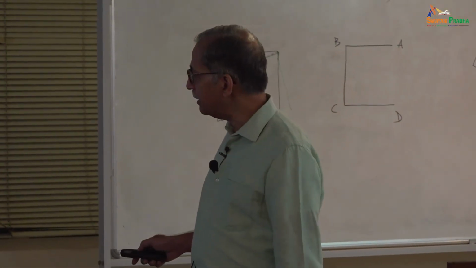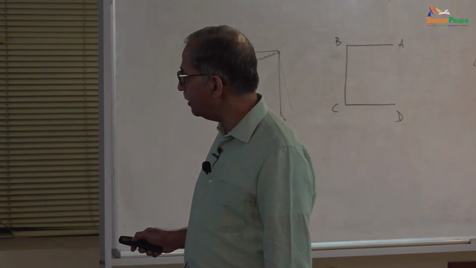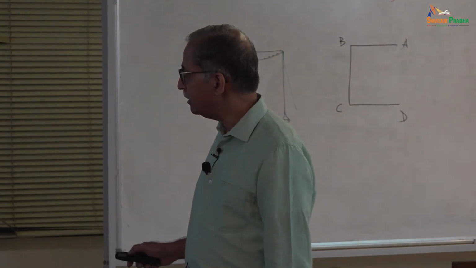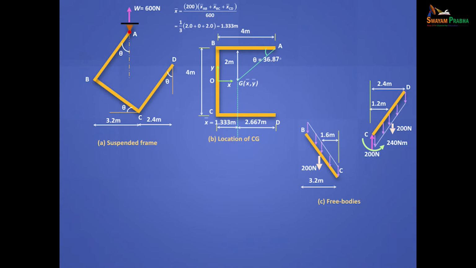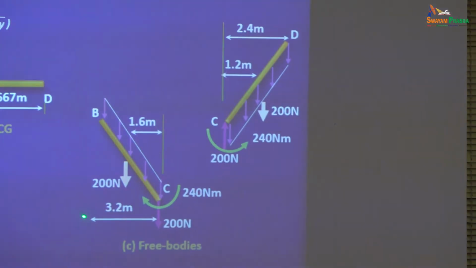Then you take the other element. You draw CB. Okay, CB should have been drawn parallel to this. Anyway, at C, whatever you got here, you have to put the opposite, right, to eliminate. So, if you got 200 up, you have to put 200 down. If you got 240 anti-clockwise, you have to put 240 clockwise.